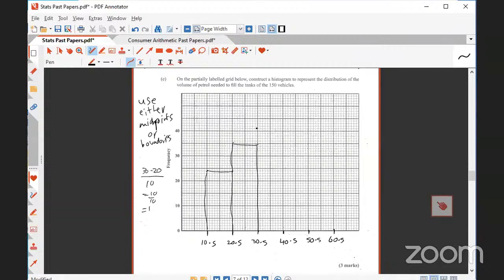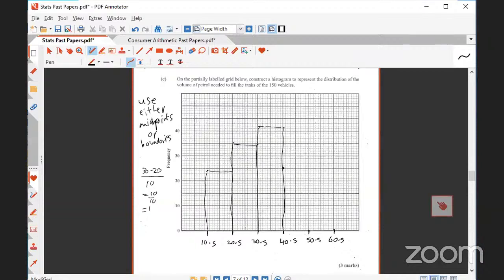I think it's 42. So if 40 is right here, 42 is 2 above it. Two above it there. And then I think the next one is 28.